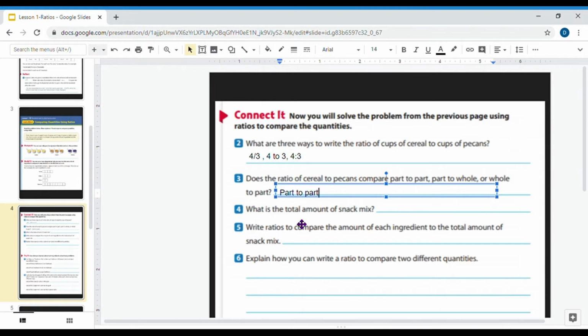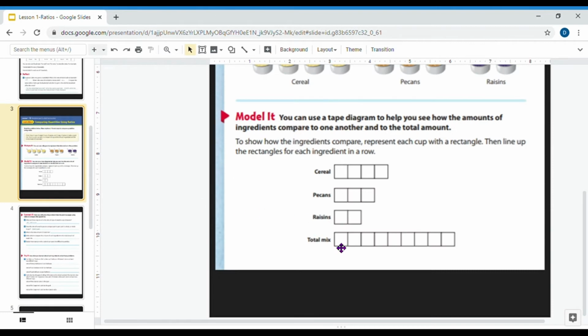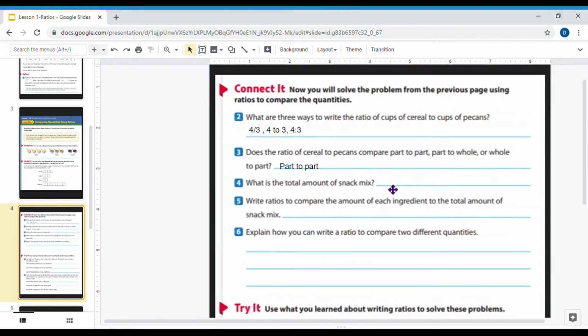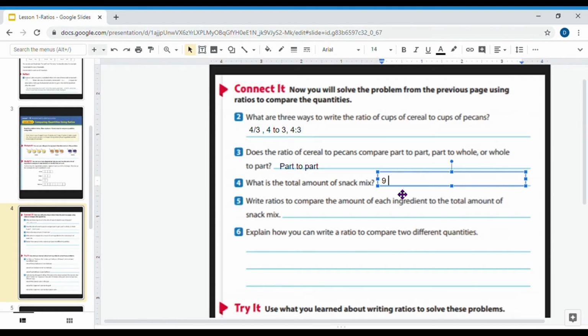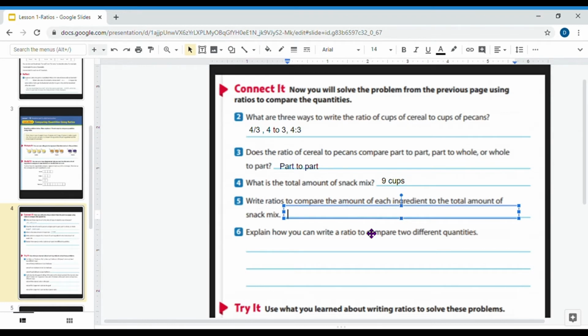And it says, what is the total amount of snack mix? I'm actually going to go back to number 3 and count. 1, 2, 3, 4, 5, 6, 7, 8, 9. So there are 9 cups of snack mix all together. So the total number is 9. And then number 5, write ratios to compare the amount of each ingredient to the total amount of snack mix. If I compare cereal, I'm going to use the colons.